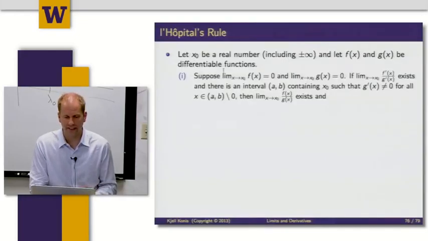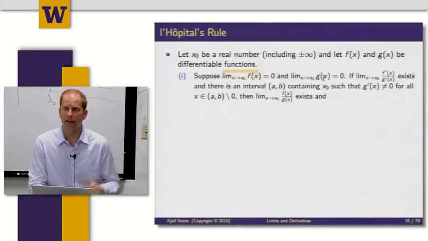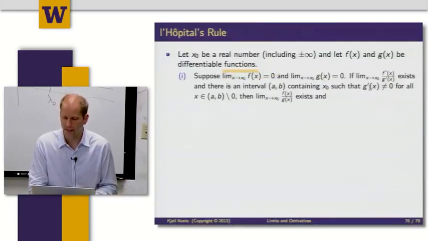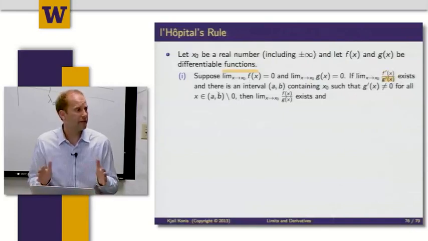And there's a lot of conditions, so this is a little bit longer than I would like it to be to fit on a slide. But basically what it's saying is, if the limit of f of x, so this is the thing I'm going to have on the top of my fraction, is 0, and the limit of g of x, so the denominator of my fraction, is 0, and if the limit of f prime divided by g prime exists, and that just has to be true on some neighborhood around x0.